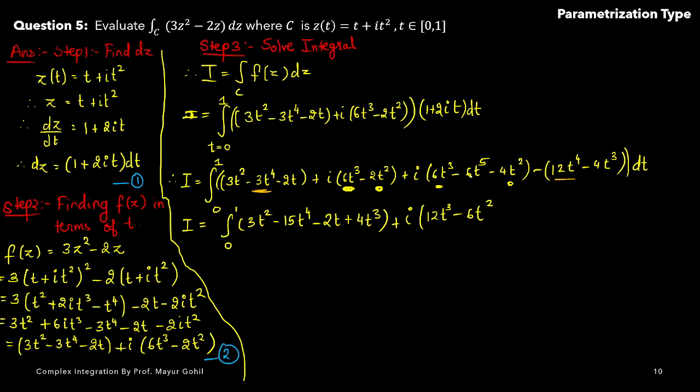So what about this one? Minus of 6t raised to 5 remains as it is alone. And 3t square, when we had multiplied it, that remains as it is. So we have got our imaginary part and the real part of the function.